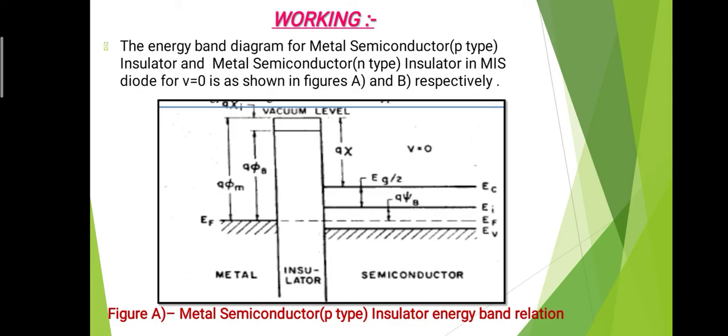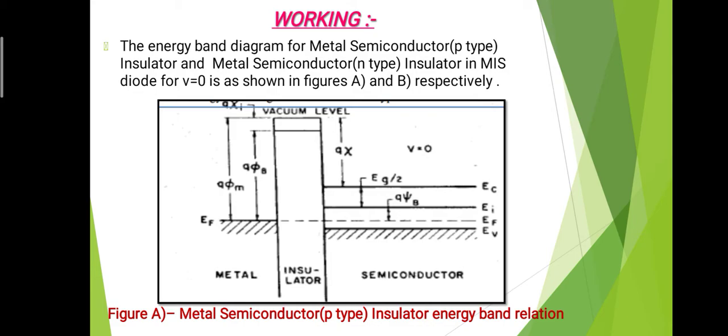We know that in a semiconductor material there is a valence band, conduction band, intrinsic level and Fermi level. Here the particular case is the p-type semiconductor, and in a p-type semiconductor the minority charge carriers are the electrons and the majority charge carriers are the holes.